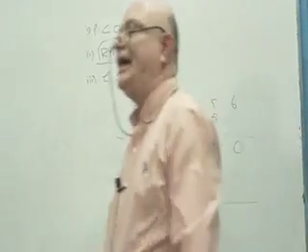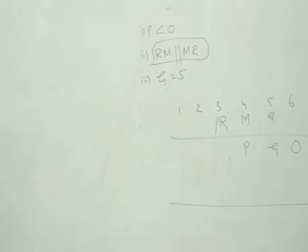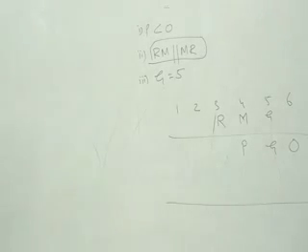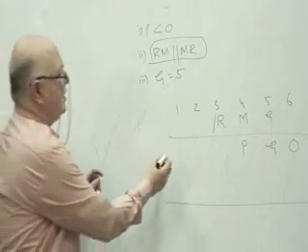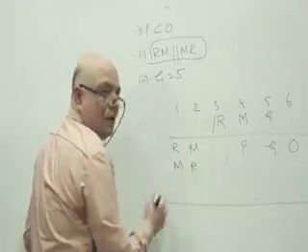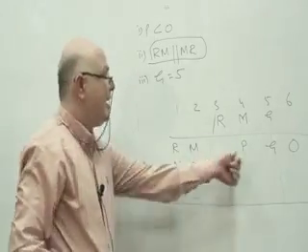But definitely it is talking about the purple ball being under a lower numbered cup than the red ball. So red ball, we are over here, RM or MR. So purple can come over here. It is not necessary.